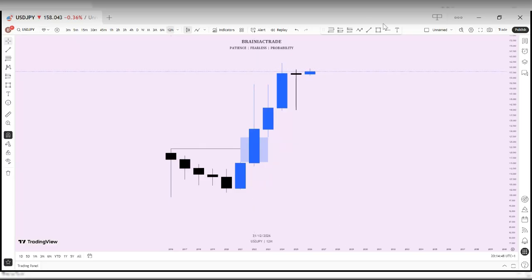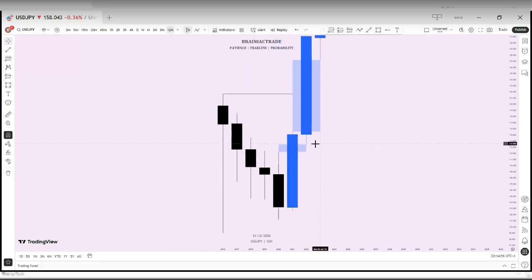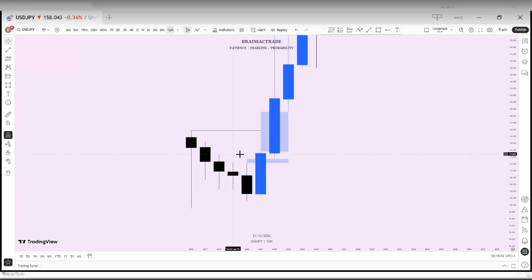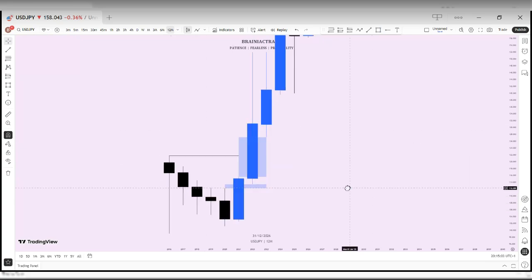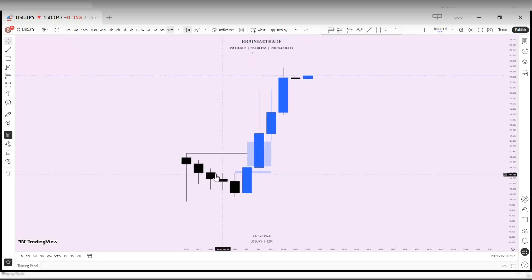There's another internal range liquidity, another fair value gap here. So that's how the market works, from external range to internal range. If we are framing our bias on the higher time frame, from the weekly time frame above, we'll be looking for a liquidity sweep, which liquidity gets taken, then the nearest draw on liquidity. That's what we'll be focusing on.